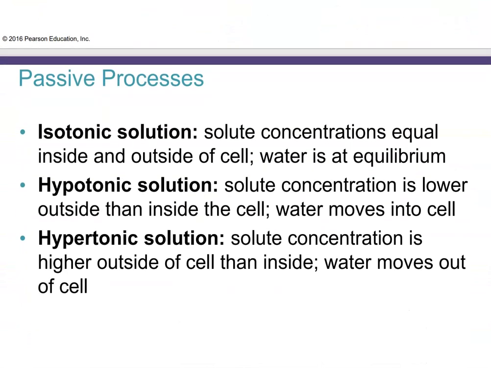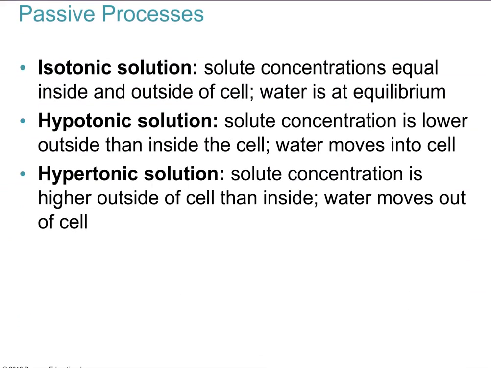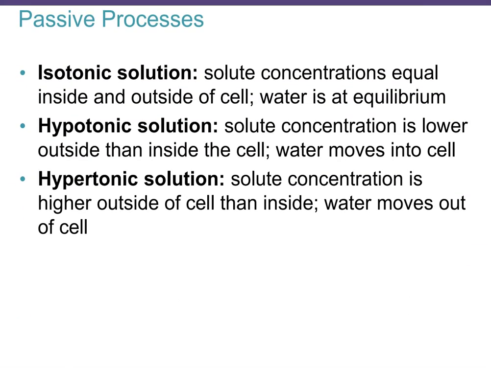Now, there are 3 terms that you need to know, and that refers to the tonicity of a solution. Tonicity means strength. And so these are relative terms. An isotonic solution is one where you're comparing solutions. Isotonic means that the 2 solutions I'm comparing to one another have the same amount of dissolved particles.